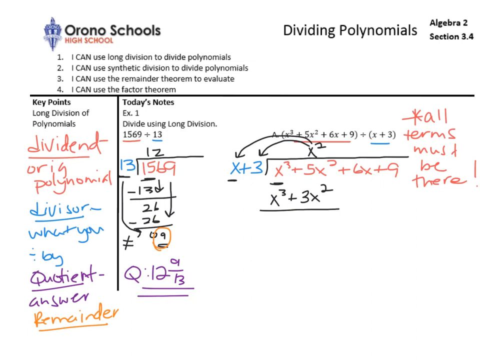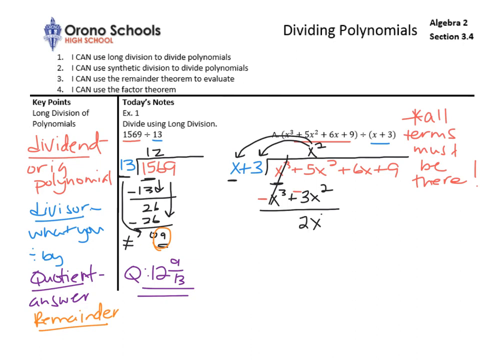And if you recall from long division with plain numbers, you always subtract this row. So when we do that, I'm going to subtract this one and this one. Change both their signs. That first term or that first column will always cancel out. Then we have 5x squared plus negative 3x squared, which is just subtraction. 5 minus 3 would be 2.